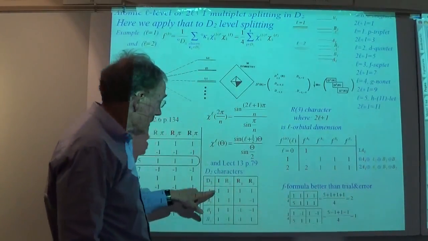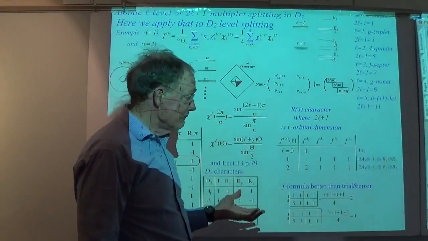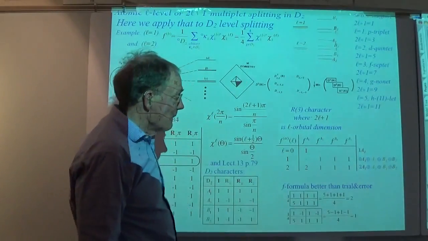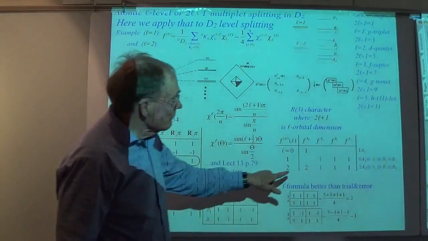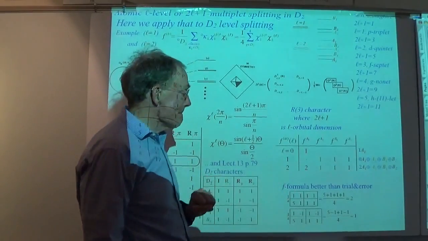So A1, this one, is going to show up twice. So there's your answer. That's where I get the 2, the frequency of A1 in angular momentum 2. All right?